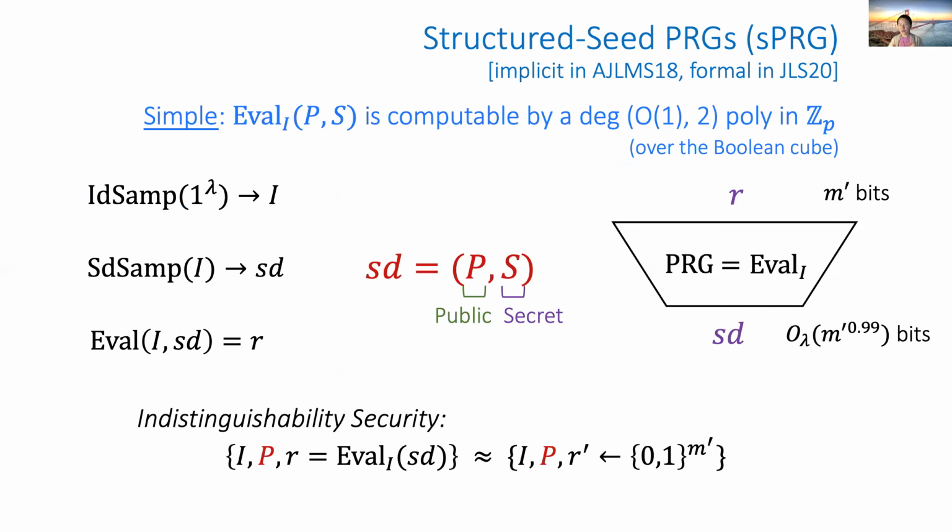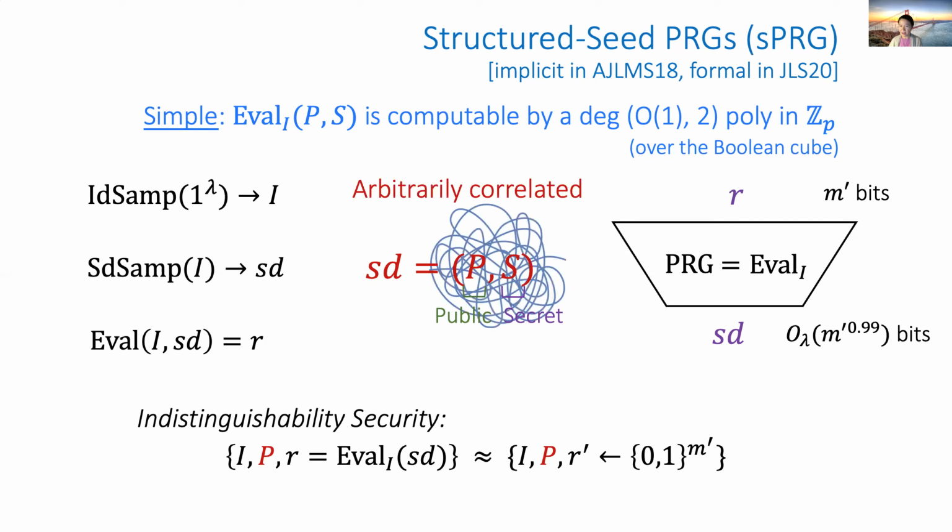With the 2-part structured seed, the evaluation algorithm can now have more complex computation on the public seed P. And by simplicity, we now mean that it has constant degree on the public seed P and is quadratic on the secret seed S. I want to note that it is very important to observe that the public and the secret parts of the seed are jointly sampled and can be arbitrarily correlated.